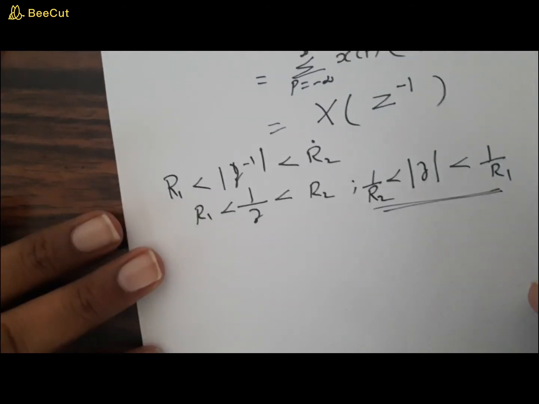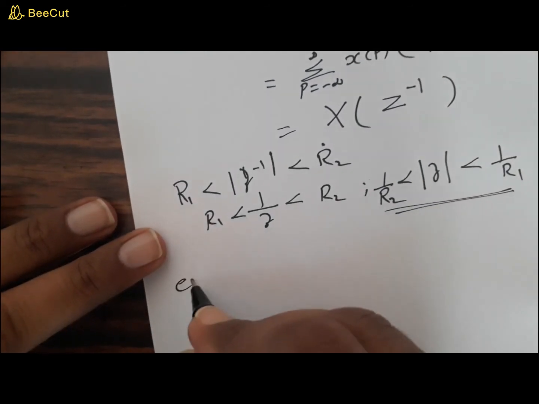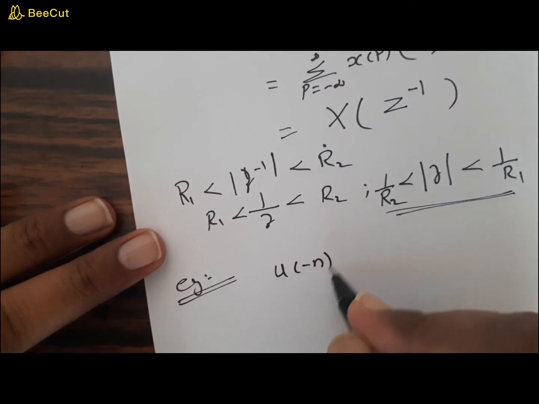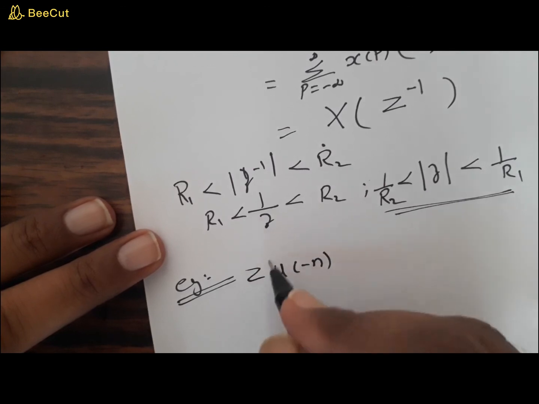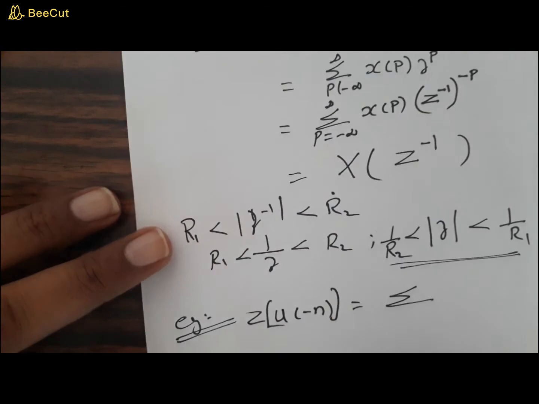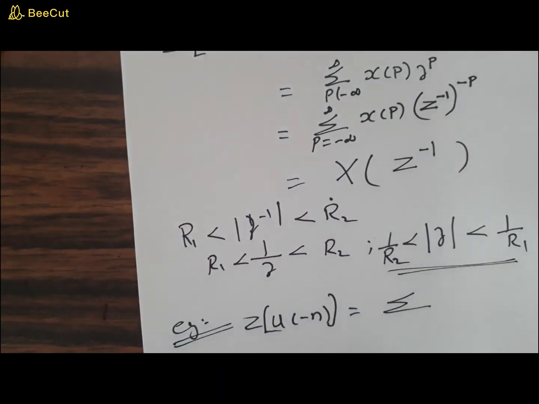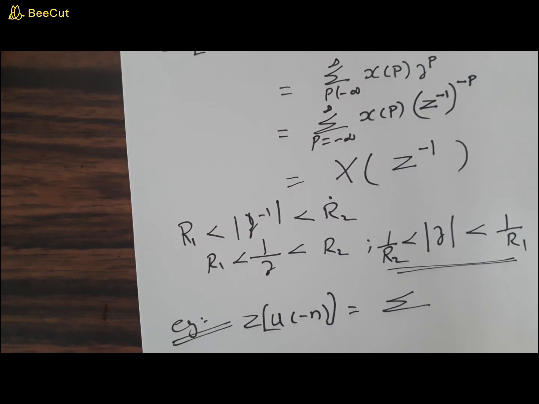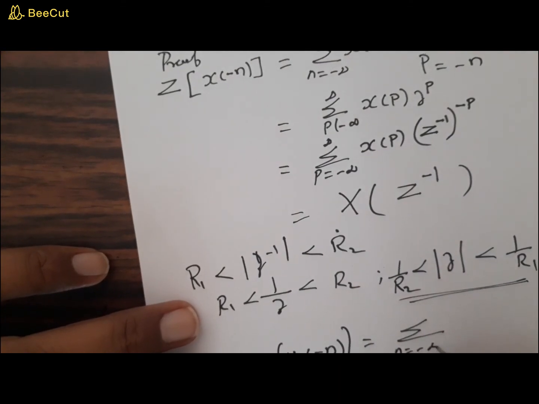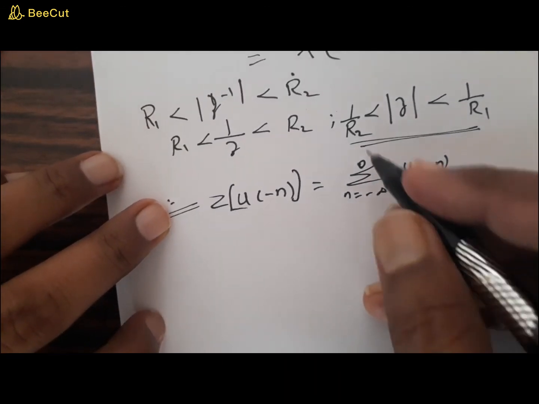Now let's have a look at an example to apply this property. What is the z transform of u of minus n? How to find that? This is nothing but the sum for n from minus infinity to 0 of u of minus n into z raised to minus n, because u of minus n has values only from minus infinity to 0.